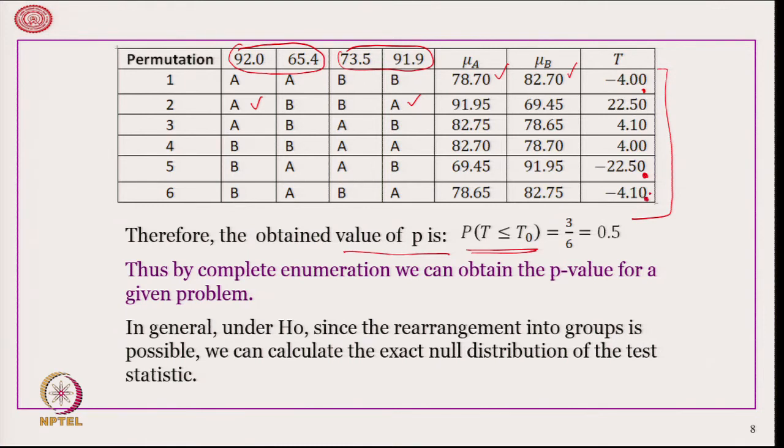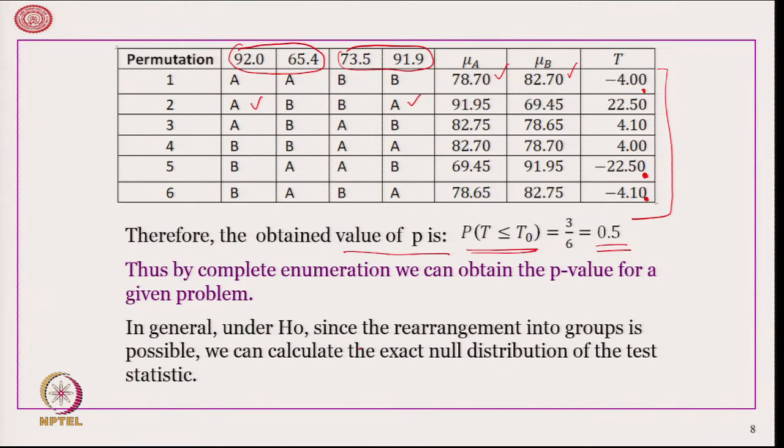Therefore, that probability is coming out to be 3 by 6, which is equal to 0.5. Thus, by complete enumeration, we can obtain the p value for a given problem. Quite naturally, we can do it only when the numbers m and n are quite small. Of course, if they are very large, then we have to go to computer programming.